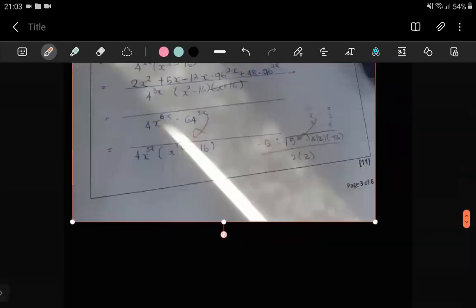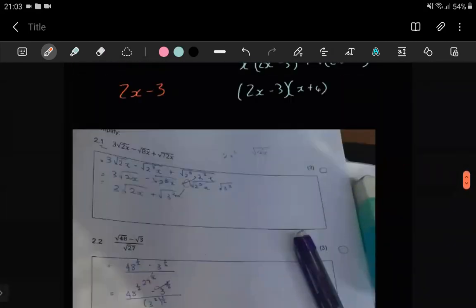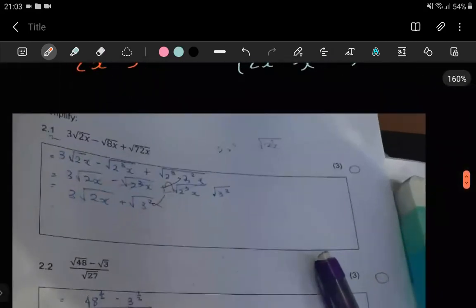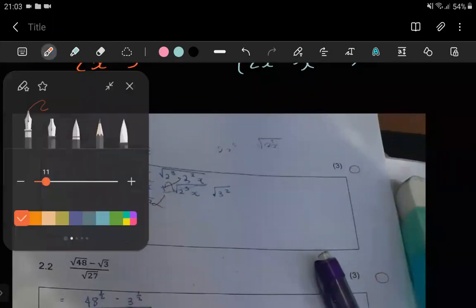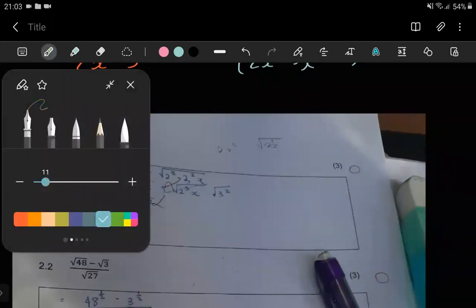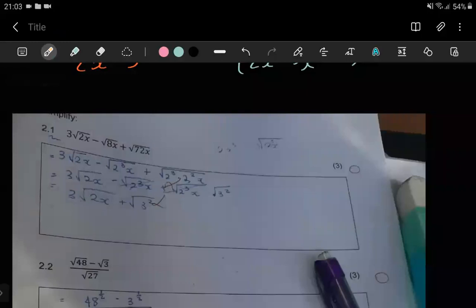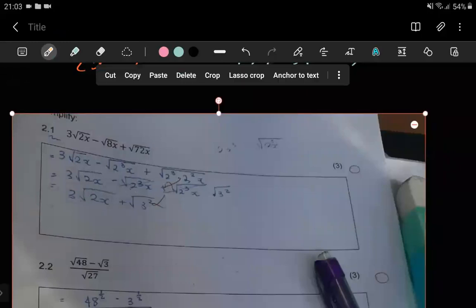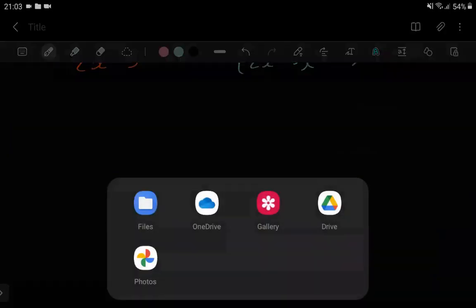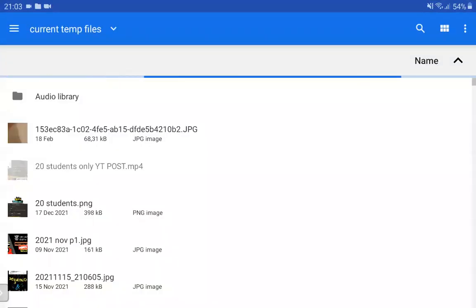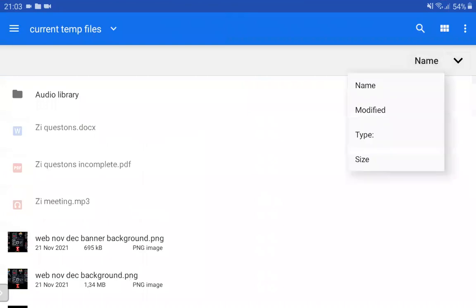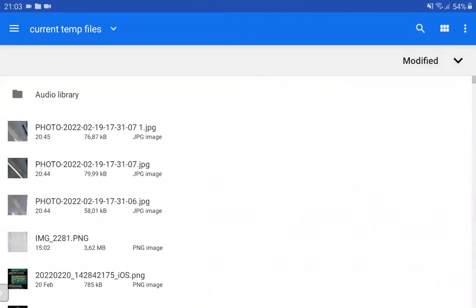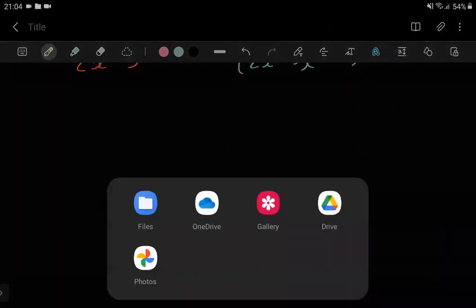Anyways, let's see what we got. 3 squared root 2x minus blah blah blah. Oh no, we looked at this. Dang it. Did we see all the pages now? Pardon? Have we gone through all the pages? Yes, we went through all the pages, all 3 of them.